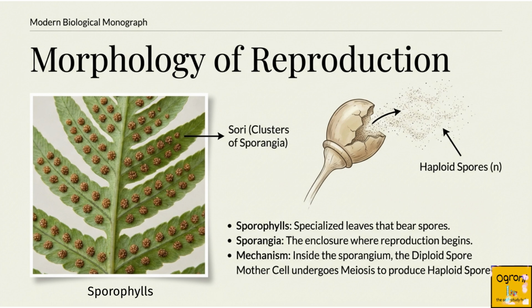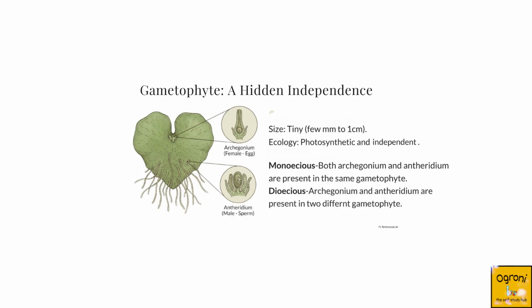These haploid spores are released in the environment and on reaching a suitable substratum develop into a very small, about few millimeter to 1 centimeter, heart-shaped gametophyte. These gametophytes are photosynthetic and independent of the sporophyte.